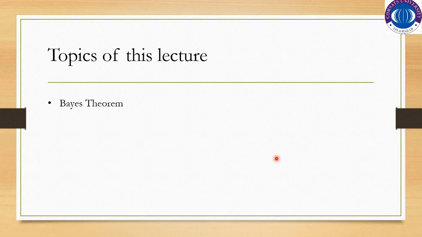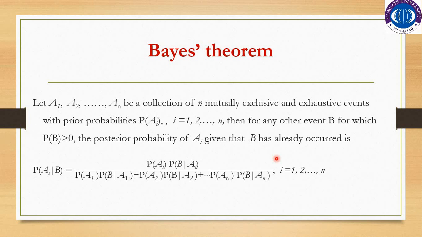Topic of this lecture is Bayes' theorem. Let us define the Bayes' theorem first. Let A1, A2, AN be a collection of n mutually exclusive and exhaustive events with prior probabilities of probability of AI.